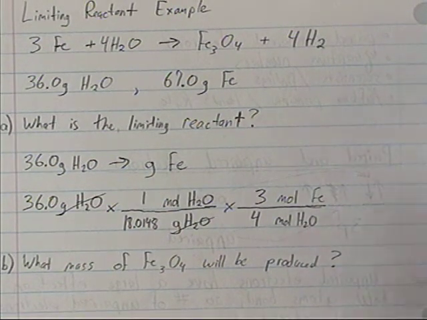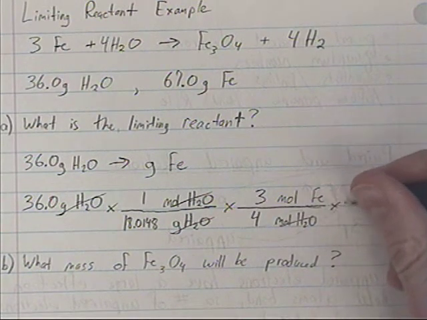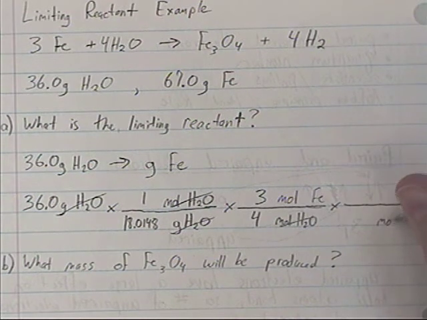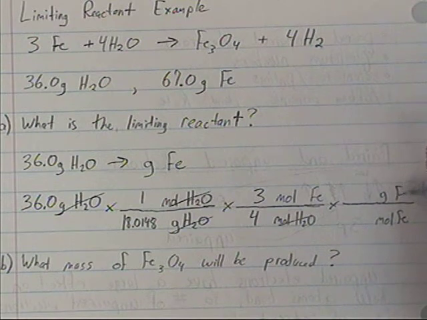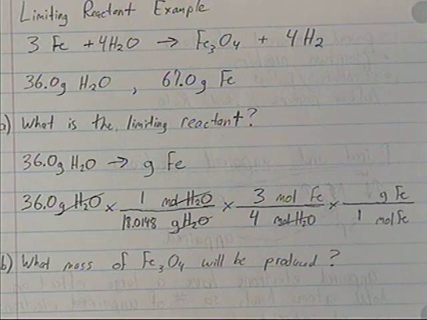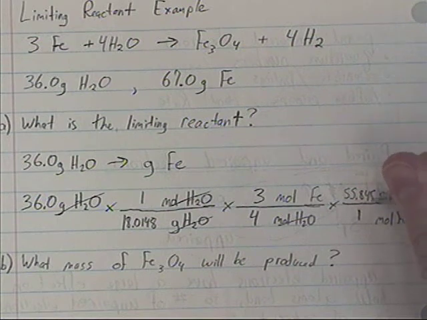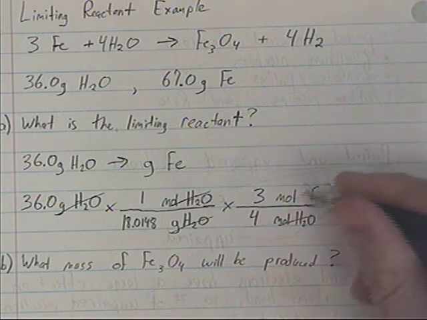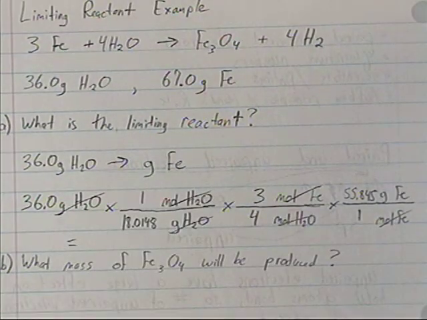And my last step, after these cancel, I need to go from moles of iron to grams of iron. Multiply by moles of iron on bottom so that it cancels, grams of iron on top, and in 1 mole of iron from the periodic table, I see we have 55.845 grams of iron.